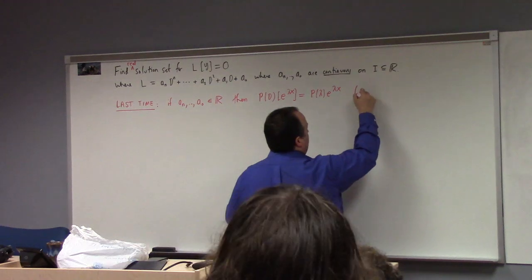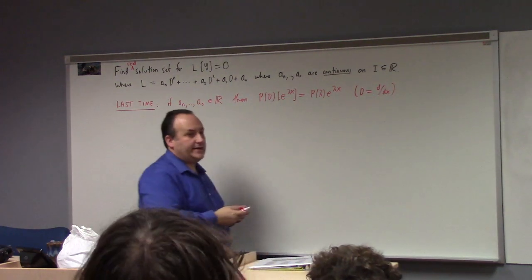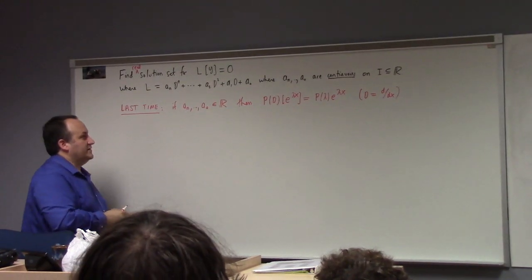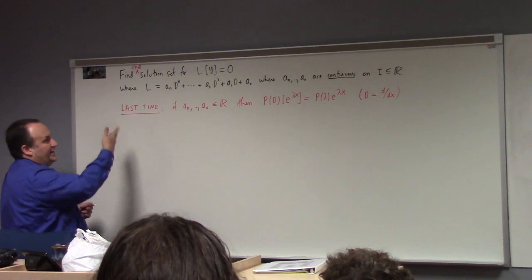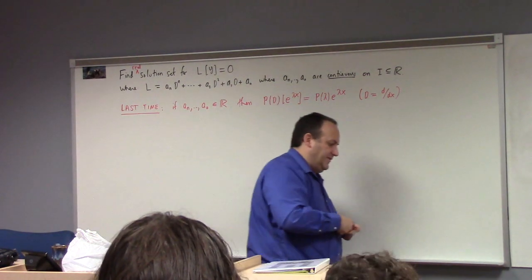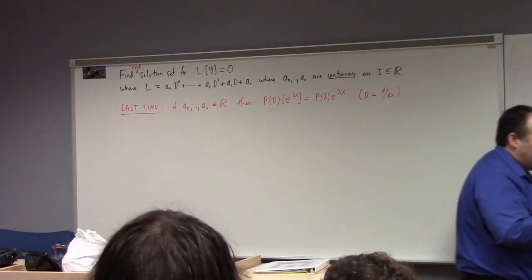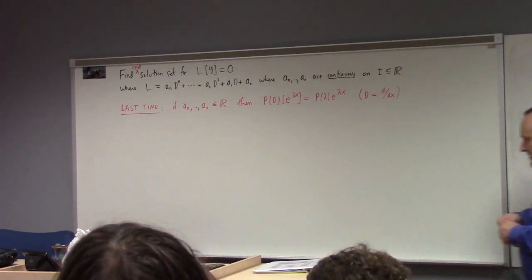Here I'm assuming that D is d/dx. And so what that meant is that if the differential equation is defined by a polynomial and the differentiation operator, then all we have to do is do what?